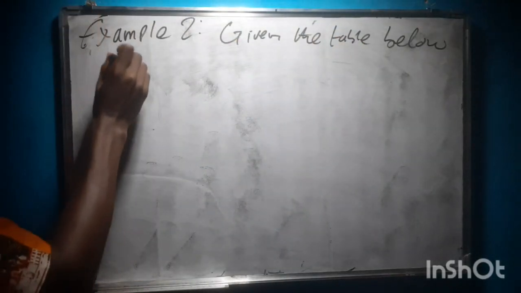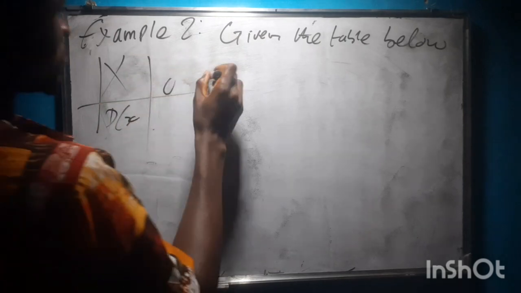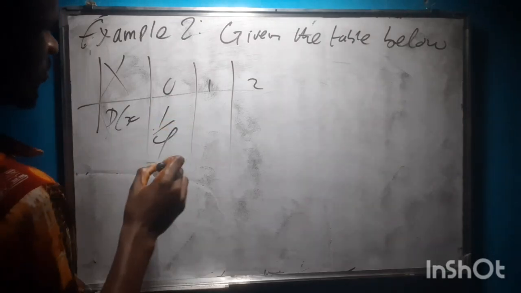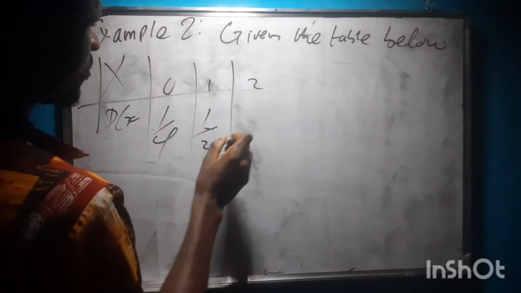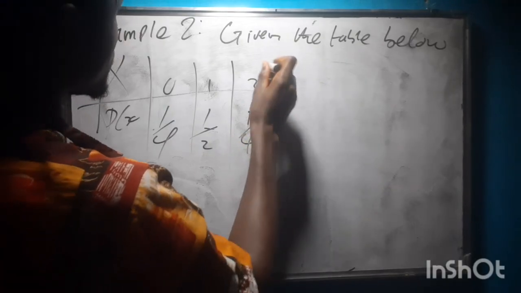Example 2: given the table below, we have x, this is our P of x. We have 0, 1, 2, and that's when we have 1 over 4, 1 over 2, and 1 over 4.